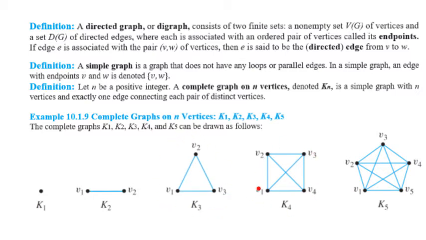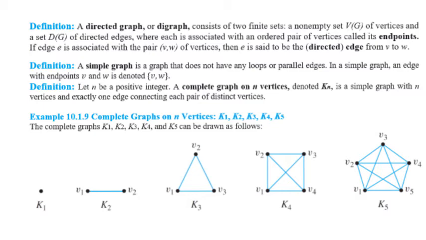K4 has four vertices v1, v2, v3, v4, but it has six different edges connecting each one of these vertices to another.